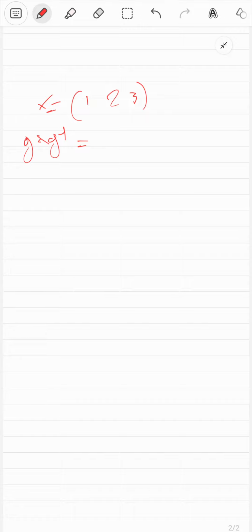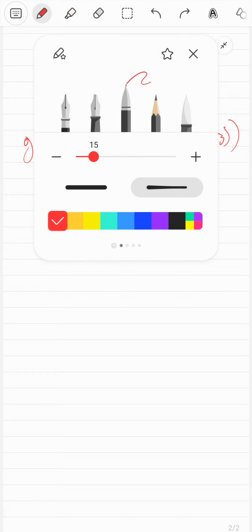So x is actually not operating over 1 to 3 anymore, because 1 to 3 are just the new labels for whatever the previous things were. And how do you find the previous things? Well, it's just the inverse of this operation, which is g of 1, g of 2, and g of 3. So x is actually operating over these elements, and the way it's operating still remains the same, but the elements in S change, right?